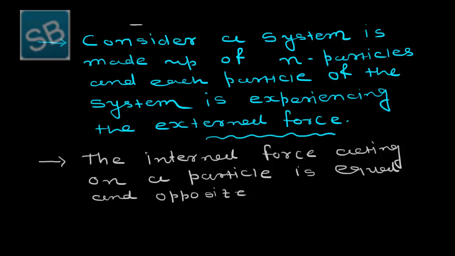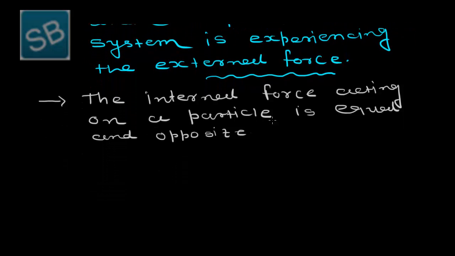So, suppose two internal forces are acting on a system of particles, then their resultant will be zero. Why?